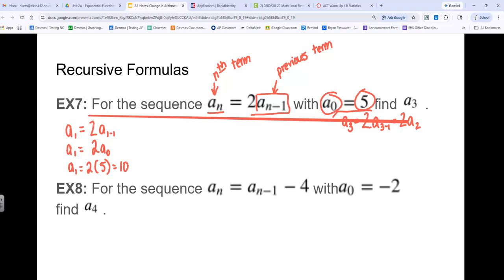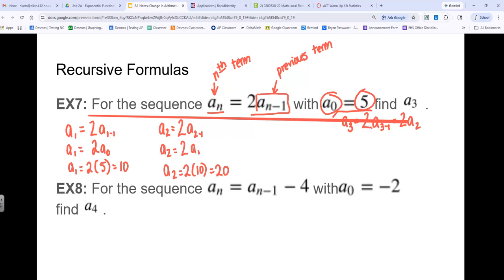Then I need to use that to find a sub 2. So I'll have 2 times a sub 2 minus 1, which is 2 times a sub 1. You'll see sort of the pattern happening here. A sub 1 is just the one we got before, right? So a sub 2 is 2 times 10, which is 20.